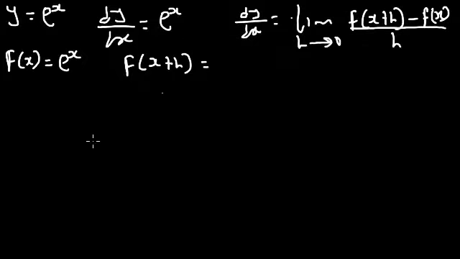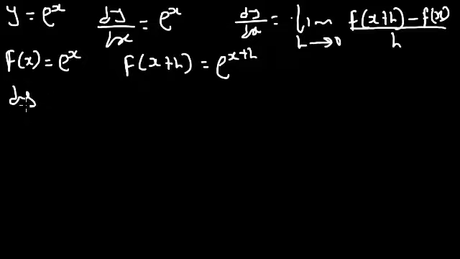Well, what f of x plus h basically means is that wherever you see x in f of x, kindly replace it with x plus h. Since this is the only place we have x in f of x, f of x plus h will simply be equal to e to the power of x plus h. And here we go. We can now proceed with substituting.